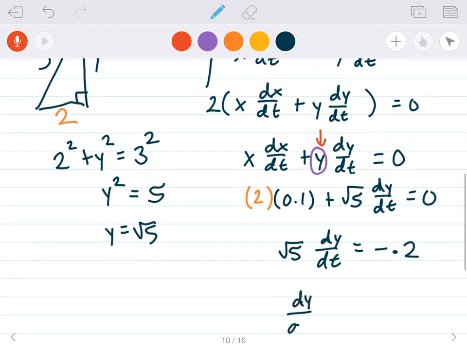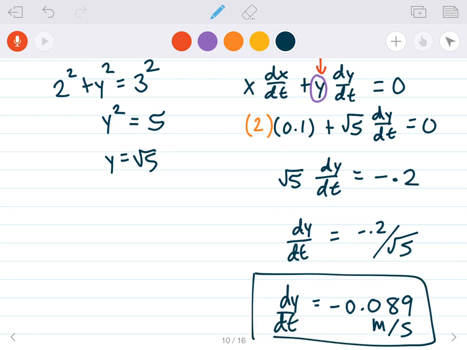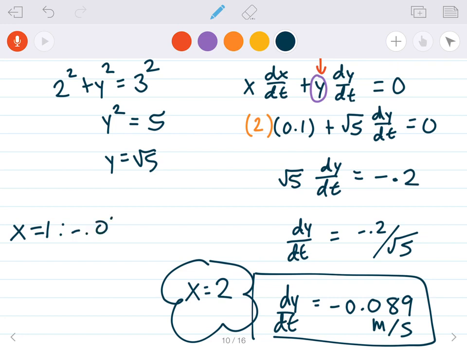So we get dy/dt equals negative 0.2 divided by root 5. And in the calculator, we get about negative 0.089 meters per second. So this was when x equals 2. That was the change in the height with respect to time. And remember, when x equals 1, we had negative 0.035 meters per second.